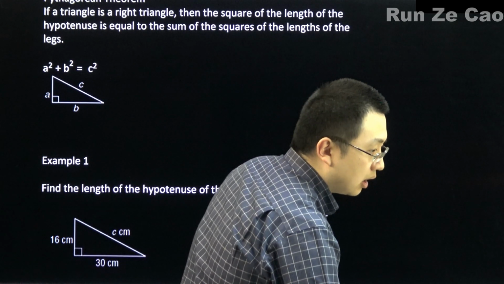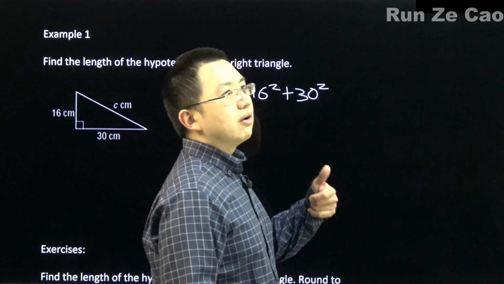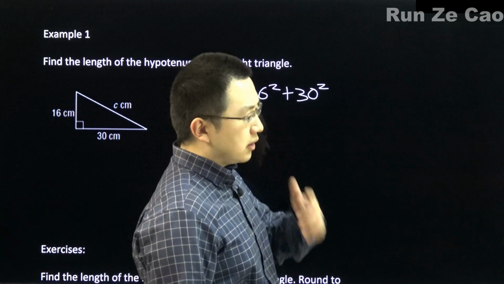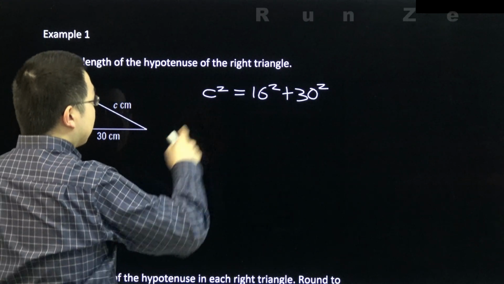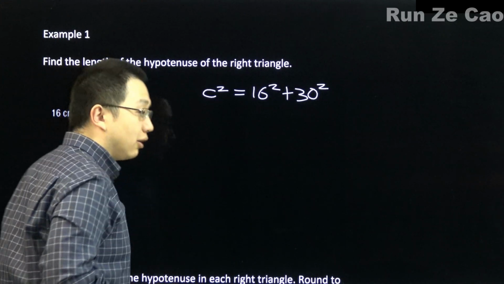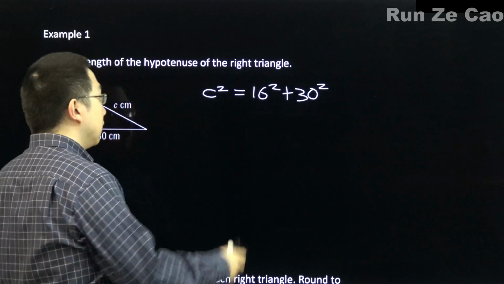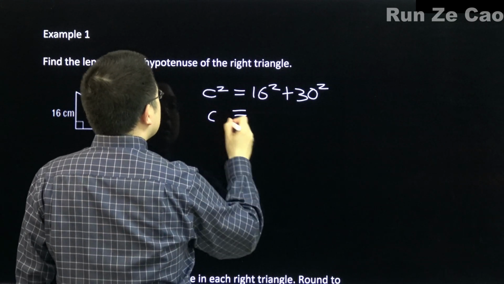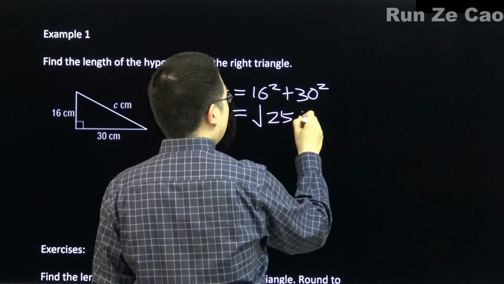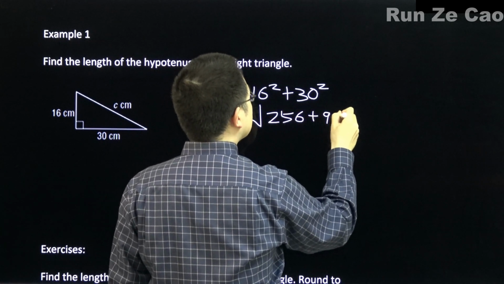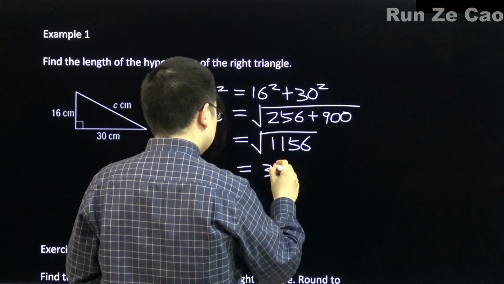It's just that when people read things, they like to go in alphabetical order for various reasons, and that's why it's a squared plus b squared equals c squared. But you end up rearranging and isolating your unknowns on the left side usually, which means you end up with this. C is therefore equal to square root of 256 plus 900. So the square root of 1156 is 34.